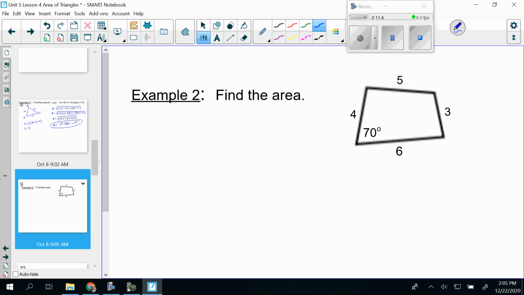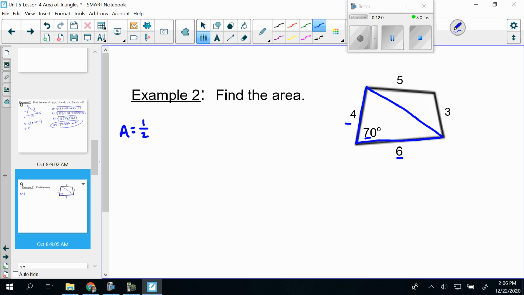They want us to find what's the area of it. Well, I think if we split this and make this into triangles by drawing in this diagonal, we can do that. Let's find this blue triangle first. That one should be pretty quick. We got side, angle, side here. So if we use our trig area formula, we can get that one.